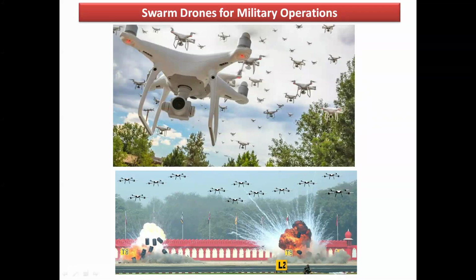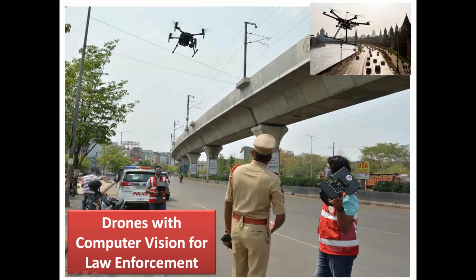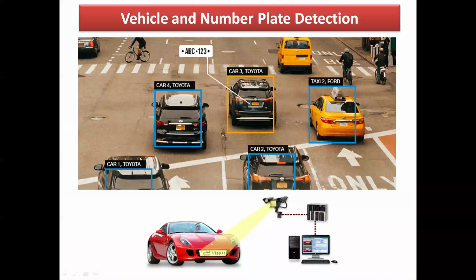If we have a smart gadget, some drone, some handheld device, obviously in a small size chip or a small size device, we can't install a complete server. Take, for example, a computer vision based application for law enforcement, where very quick communication is required, such as vehicular and number plate detection.